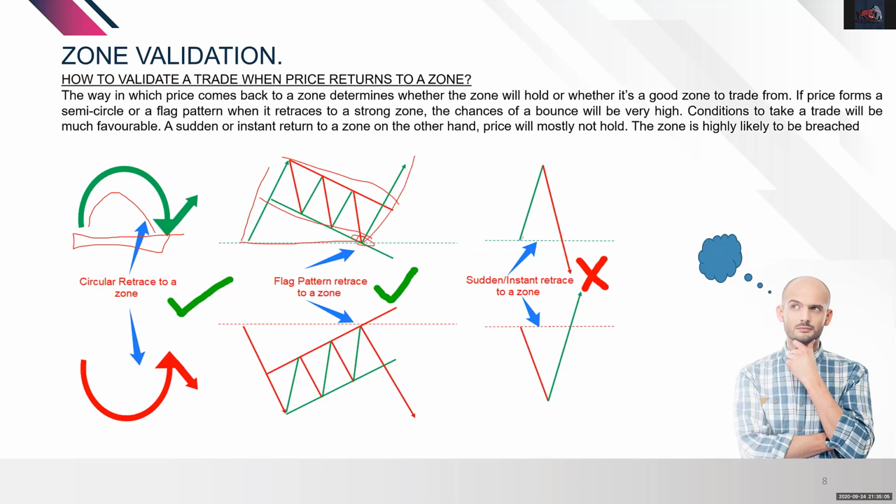If market suddenly moves away and forms a V-shaped return to a demand, this area is not good to buy from, because market can keep going to the downside.